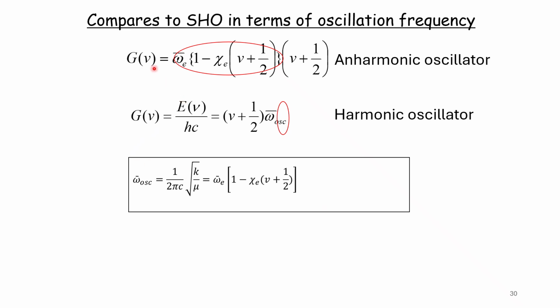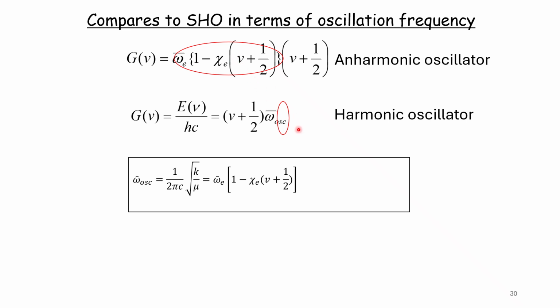When we compare the energy determined using the anharmonic oscillator model and the harmonic oscillator model, we will see that this part here, V plus half, is the same for both models, and the harmonic oscillator's vibrational frequency is equivalent to omega E multiplied by 1 minus the anharmonicity constant multiplied by V plus 1 over 2.